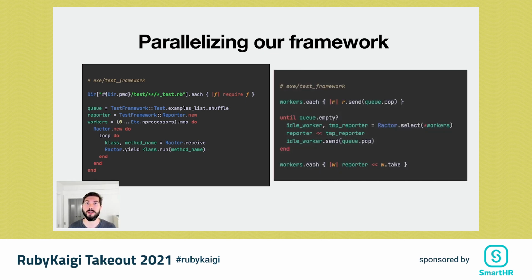So in this case, every time we yield, we're going to get a temporary reporter back that has information about that particular run, and so we can concatenate it into our aggregator, save that information, and make sure we're aggregating without using class variables. At the end, we should remember to take all of the values that are still being yielded by the Ractor, so no information is missing.